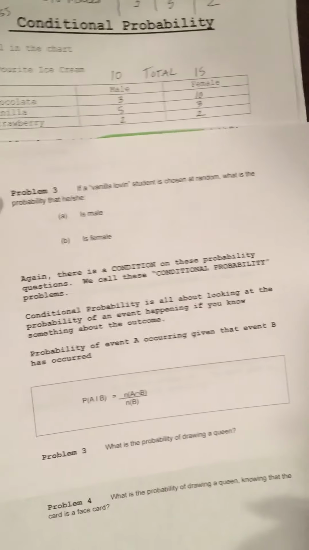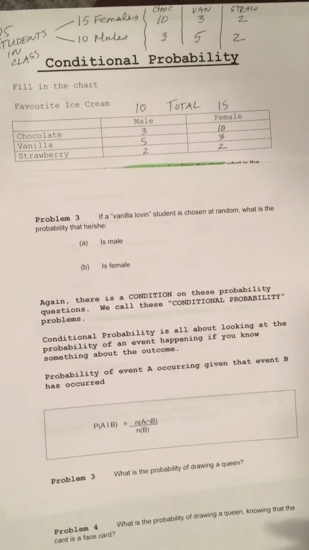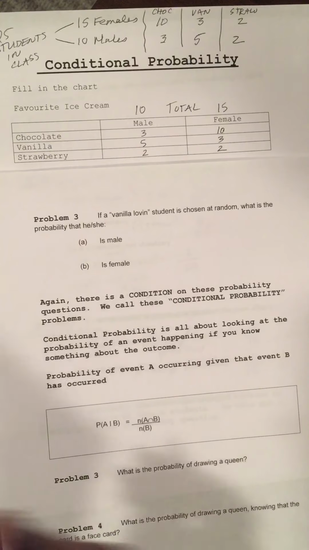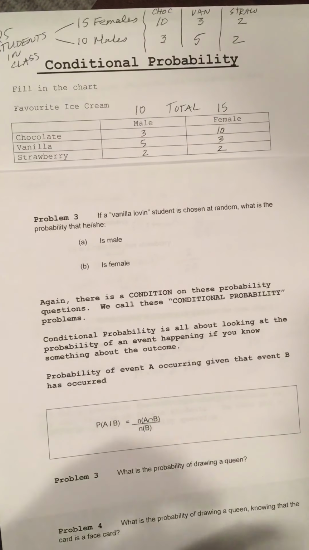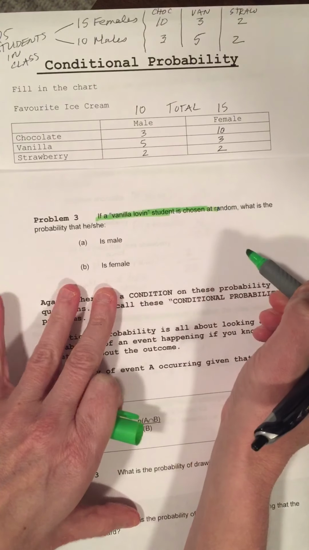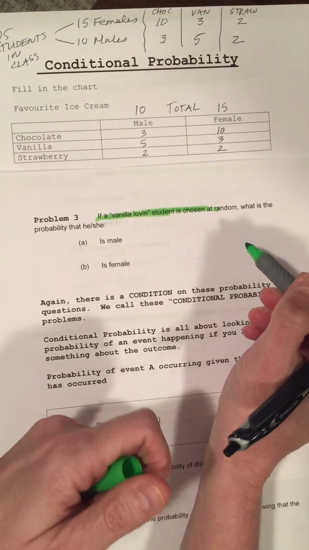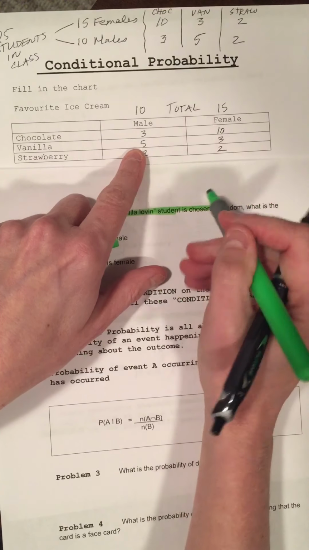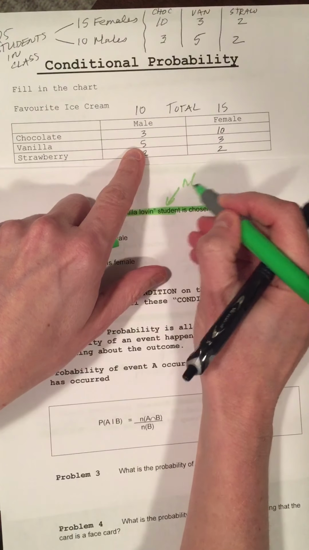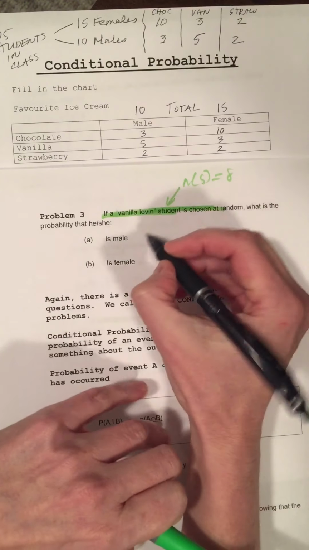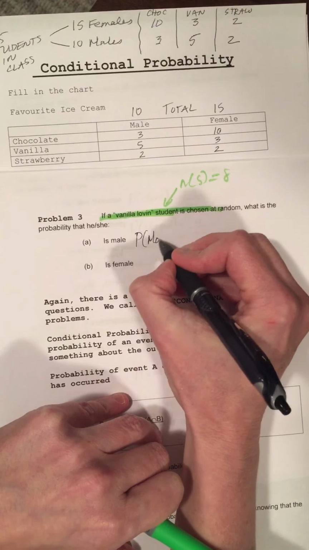I'm just going to leave the top information visible because we're still dealing with some ice cream. If you're a vanilla loving student, vanilla lovers, that's a total of 8. What is the probability of being a male?